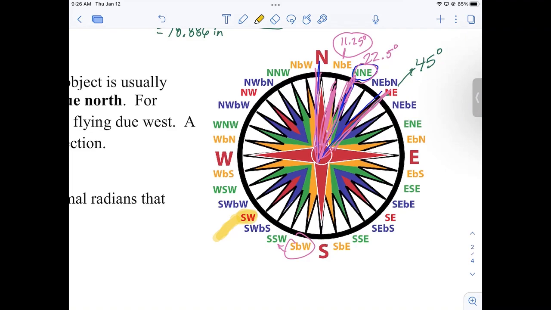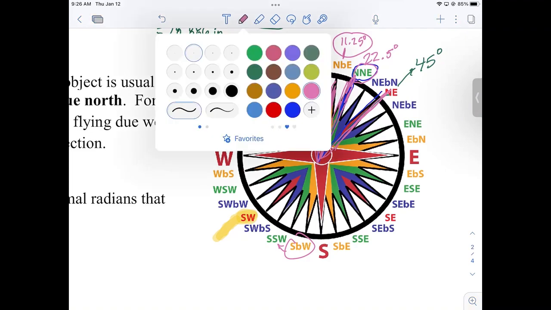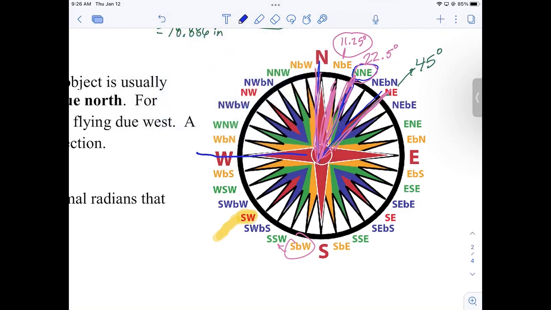Now, if we were on the coordinate plane, which we're not really, we're on a separate compass rose, but if we were on a coordinate plane, it would run through here and through here. Now, we always start from the positive x-axis and rotate upwards, right? That's for us.